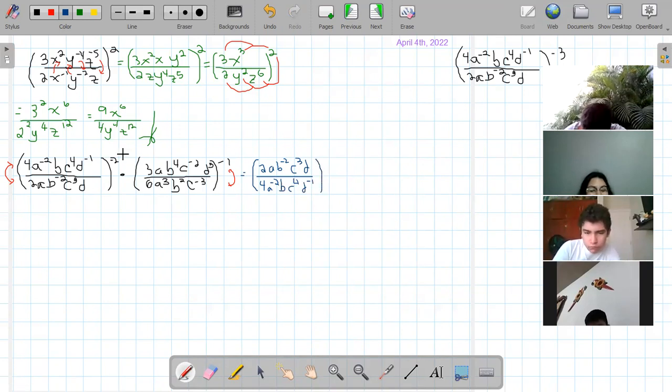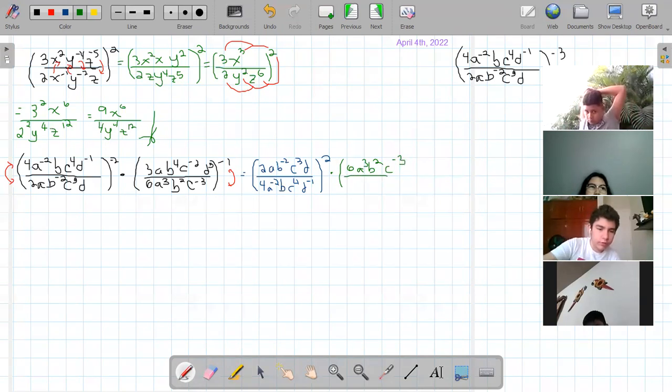And now everything is going to be to the positive 2 times my second parenthesis, which I'm also going to reverse. So I'm going to have 6a cubed b squared c to the negative 3.